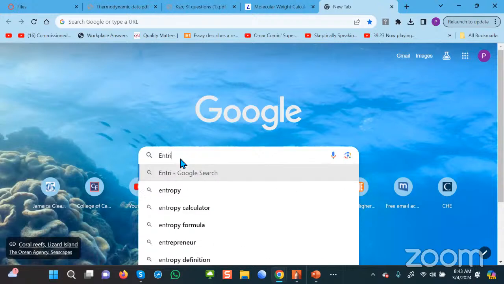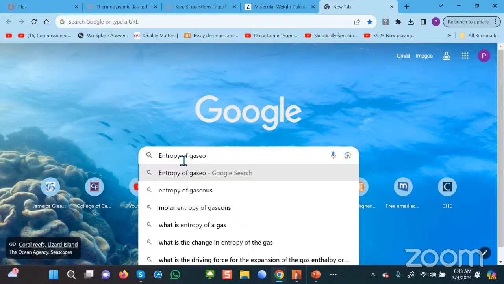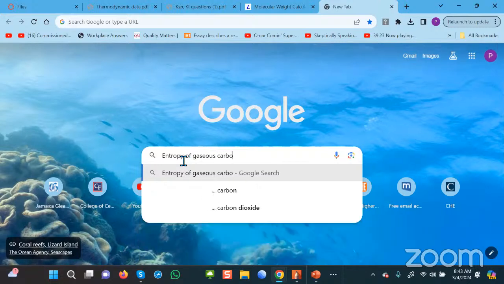Entropy of gaseous carbon tetrachloride. Let's see what that gives.